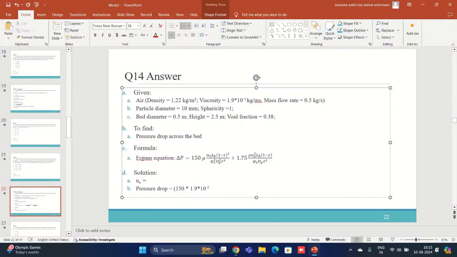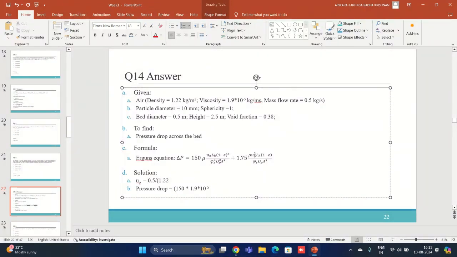So it is 0.5 kg per second divided by 1.22 kg per meter cube, which gives meter cube per second, that is the volumetric flow rate of air, and we need to divide it again by area.